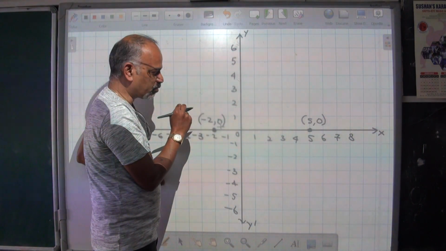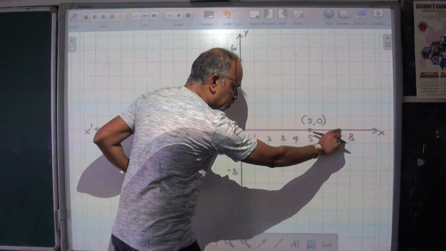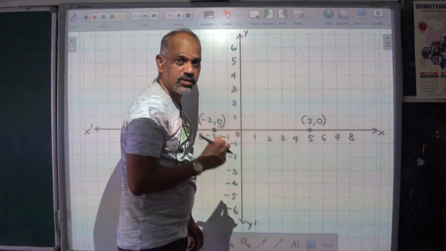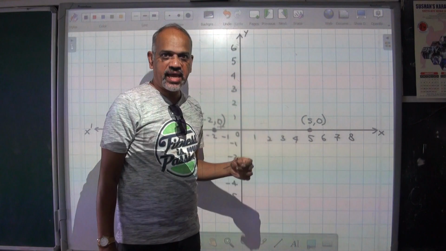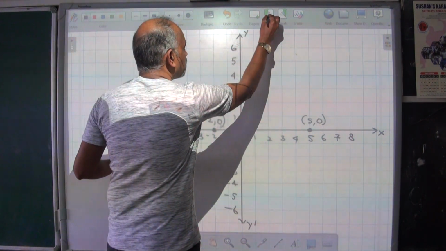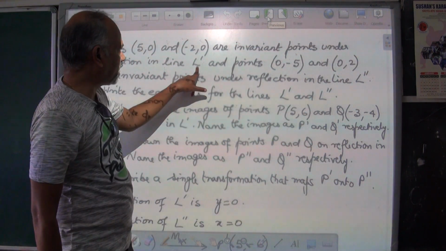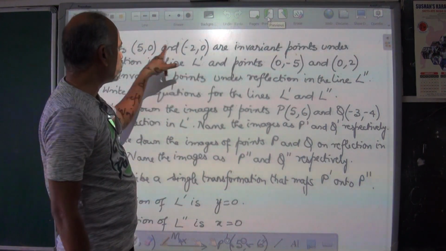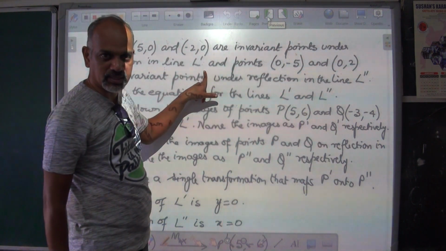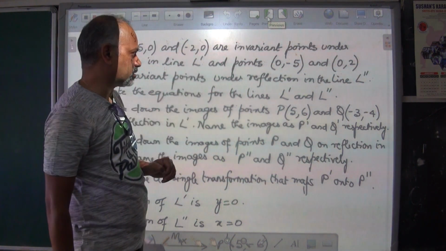That's what it says in the question. But according to the graph, these 2 points are lying on the x-axis, which means line L dash actually is the x-axis. Okay. So we go to the question. Line L dash is where these 2 points lie. Therefore, line L dash is the x-axis. Remember this, L dash is the x-axis.